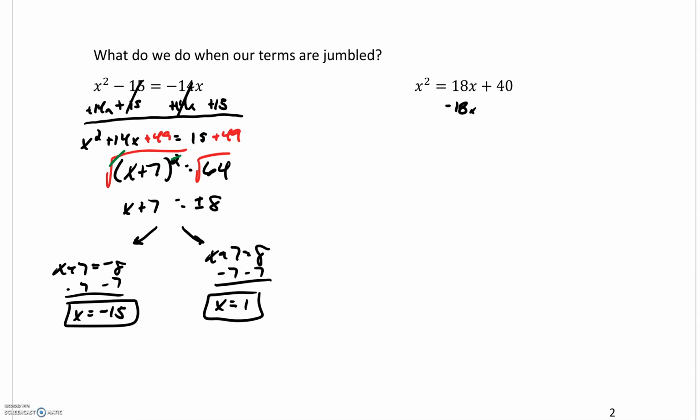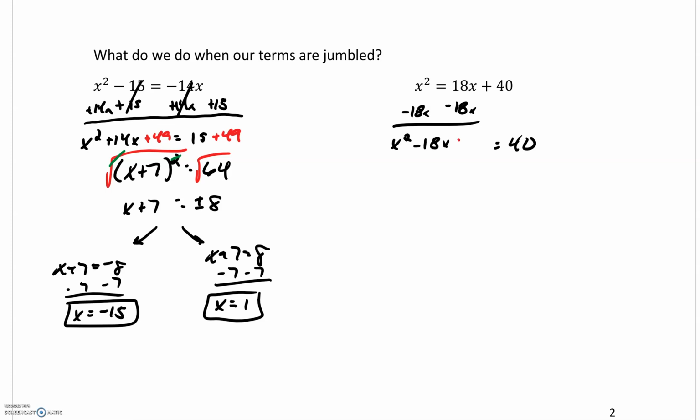Subtract 18x from both sides. And I have x squared minus 18x on the left. Leave a space. That's equal to 40. So I take half of 18, which is 9, and I square it, and I get 81.